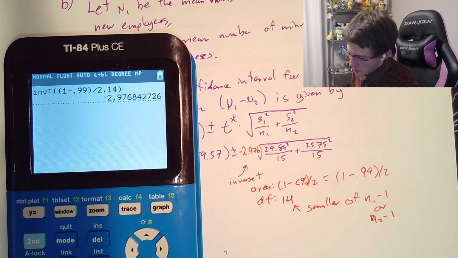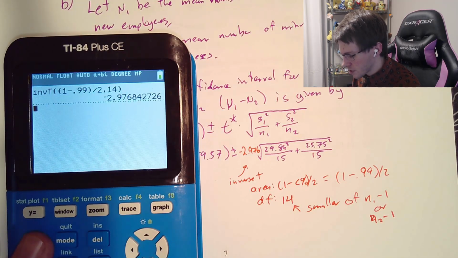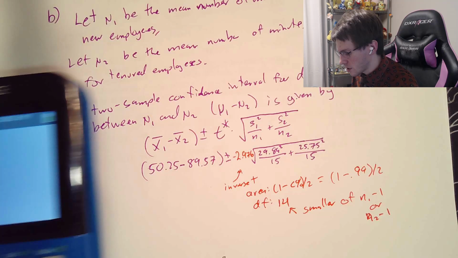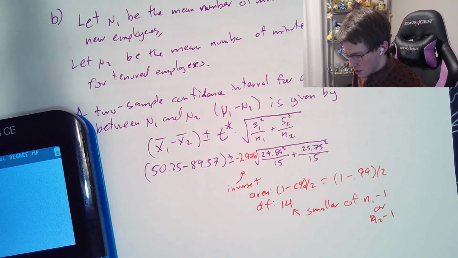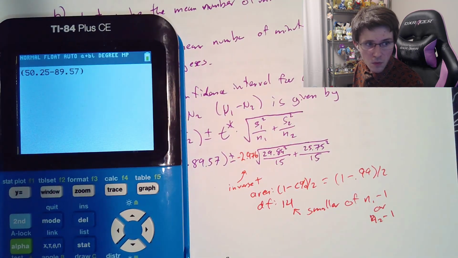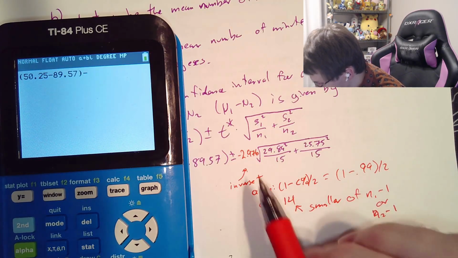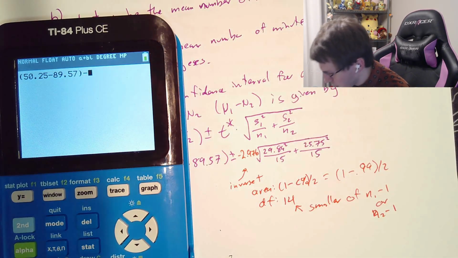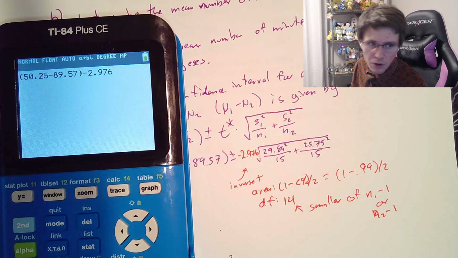I'm going to type in this entire thing and show you where everything comes from, but then we'll notice the calculator gives a different answer on a different part. We type in 50.25 minus 89.57, starting with the minus. The t star is positive or negative, it doesn't matter because you're doing both positive and negative.